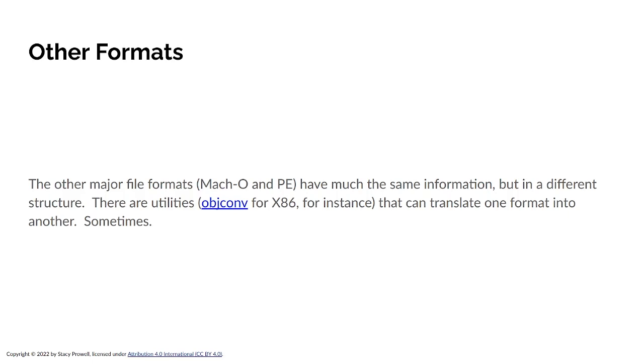The other major formats, they really basically have the same information in them, but in a different structure. In fact, because it's basically the same information in a different structure, there's a tool called objconv, and there's a link to objconv right there, that will translate one format into another, and it mostly works.